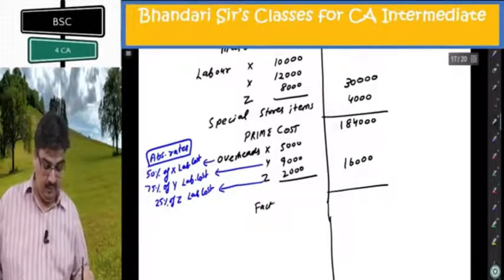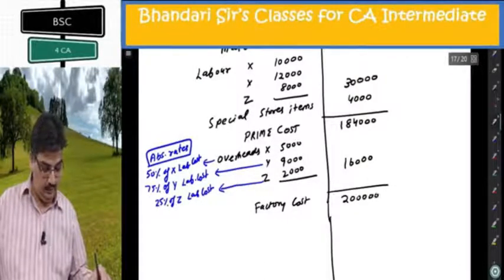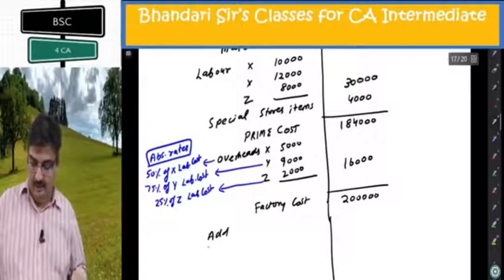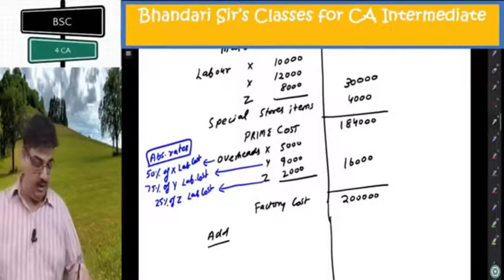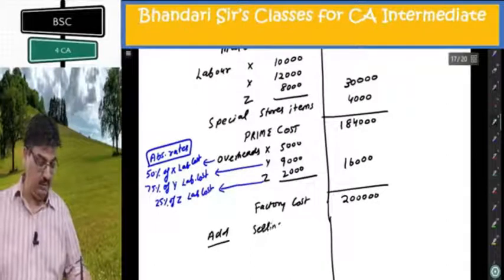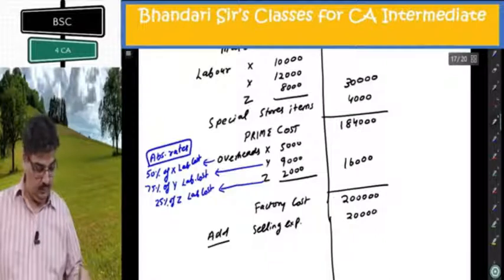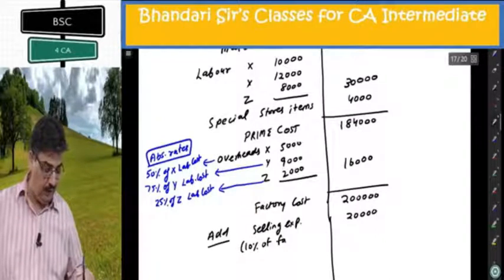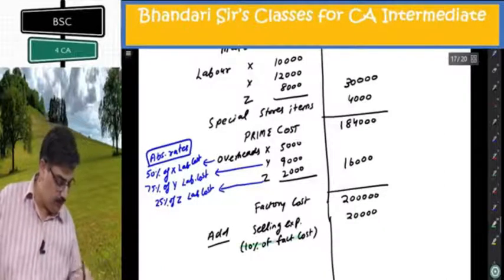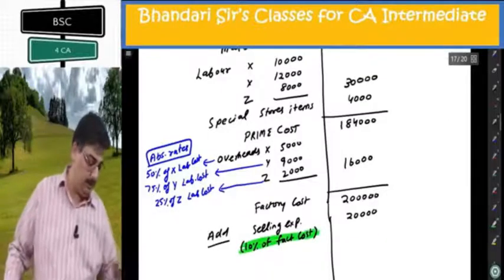What I get? Factory cost 2 lakh. Add, there is no administration, there is no stock items, so I am reaching selling expense 20,000. What I am having? 10% of factory cost. This is the absorption rate that I computed. This is important. This is for which I am doing this second part.